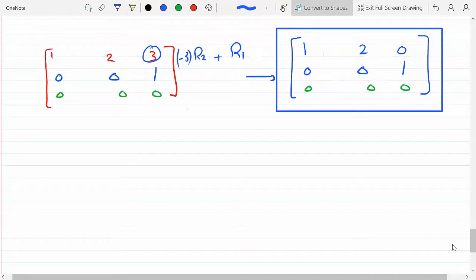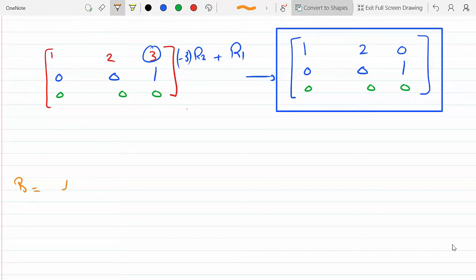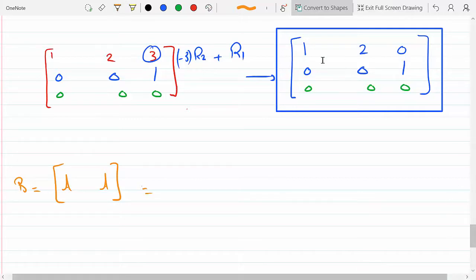Now for B, B is just a block matrix AA, so I'm just going to align matrix A next to another matrix A. Let me copy and paste.